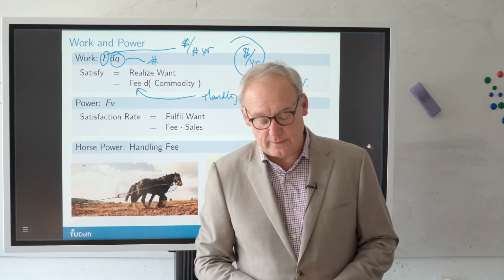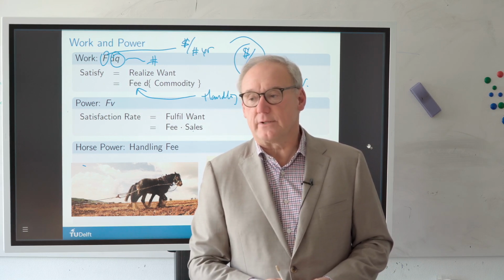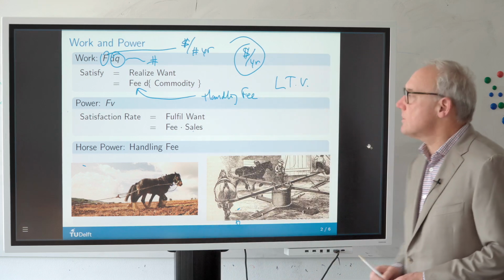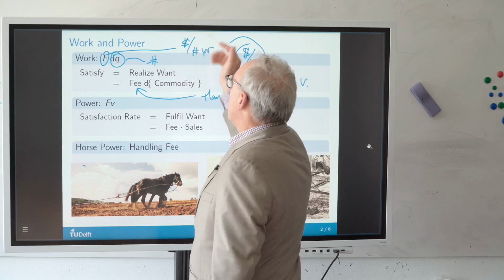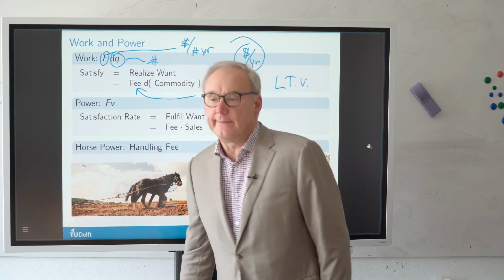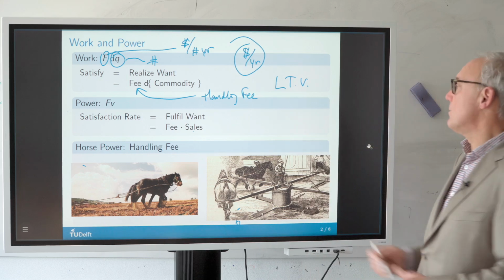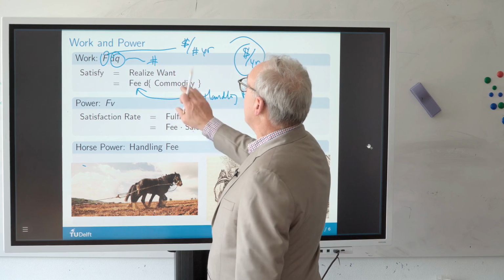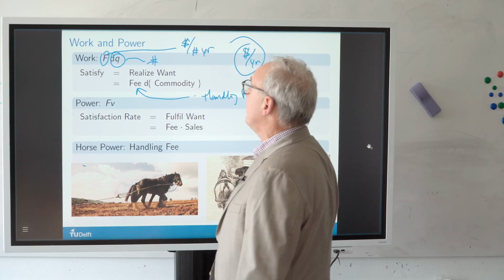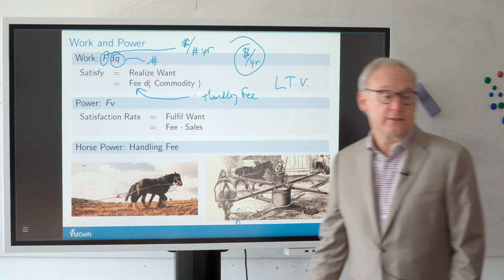Adam Smith looked at pins and pin manufacturing, okay? So you have some people working at this pin thing, and you have to pay them so many pounds per pin per day, all right? So that will be the fee, and then if you multiply it by the amount of pins that you put through and deliver, then you can calculate this satisfaction.